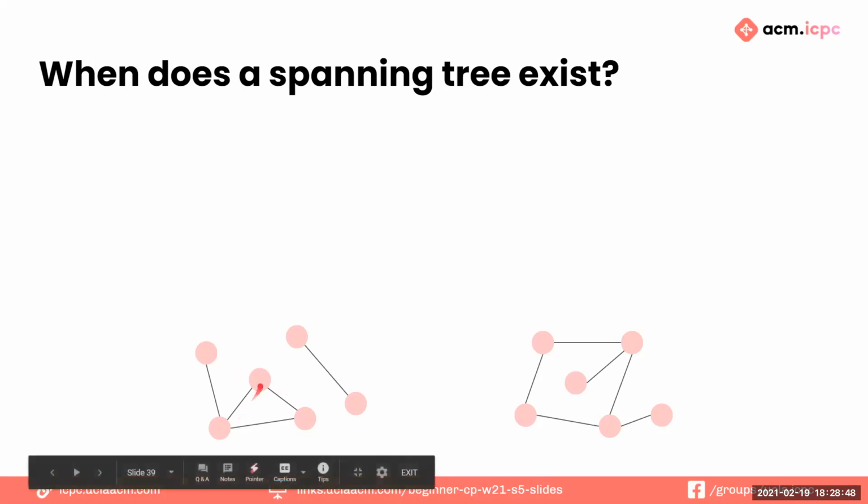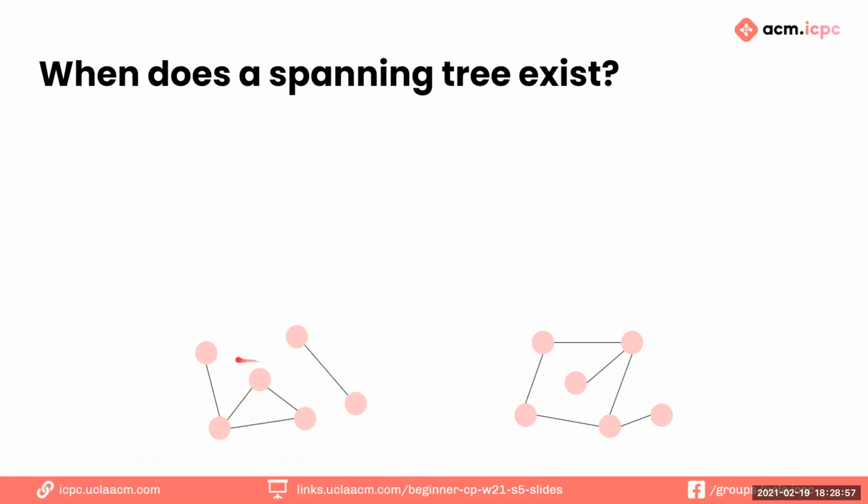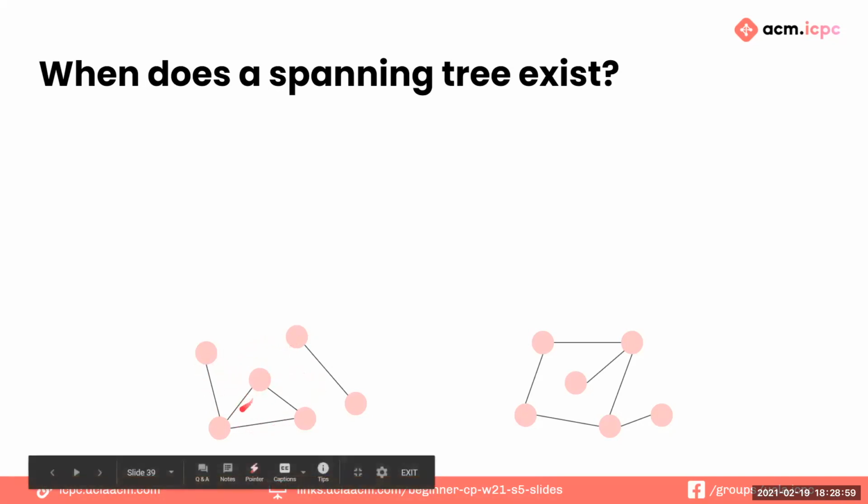There is no spanning tree for this graph because a spanning tree would have to contain all of these vertices. It would have to be a tree, which would be connected because trees are connected, and this graph isn't connected. And then for this graph, is there a spanning tree?